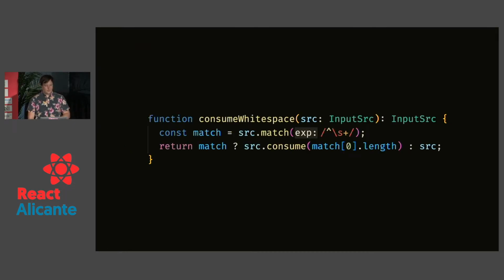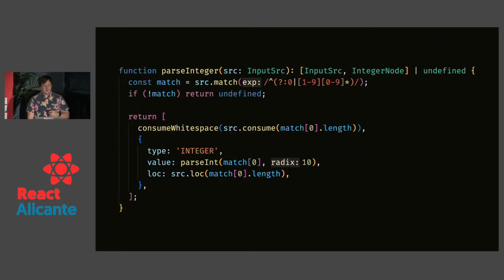First of all, we're going to need a little helper to consume white space. So given the input source, we'll consume any leading white space because we ignore white space in our language. Next up, we can write the function for parsing an integer. This is going to check if the start of the string matches the regular expression for an integer. If we don't have a match, it'll return undefined to indicate that we didn't find an integer at the start of the string.